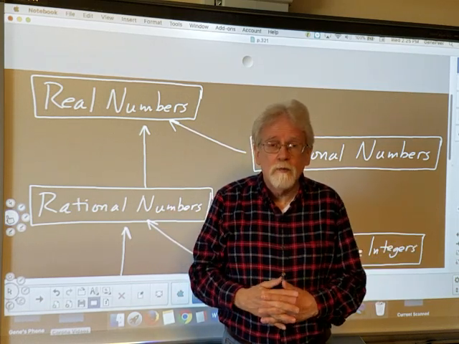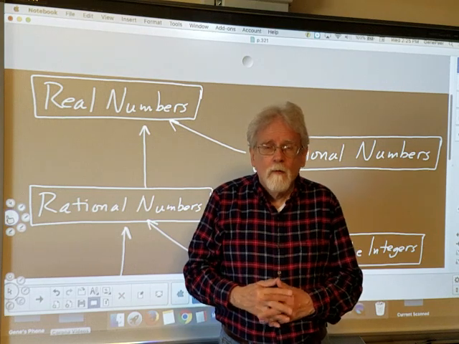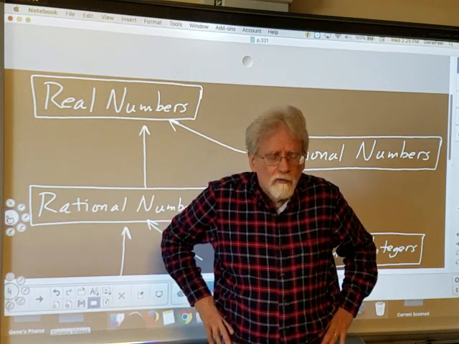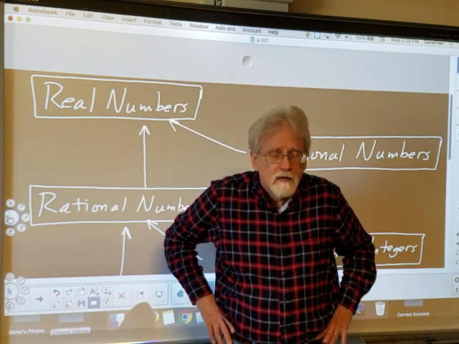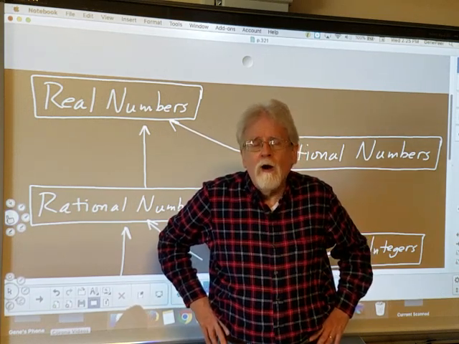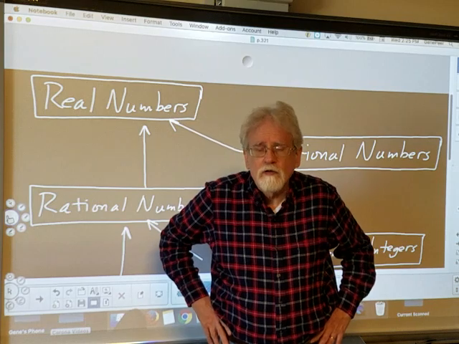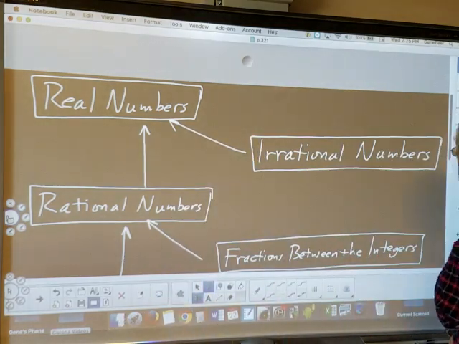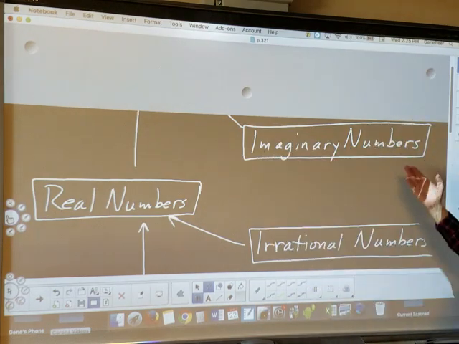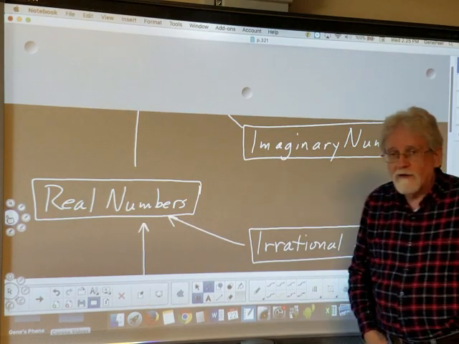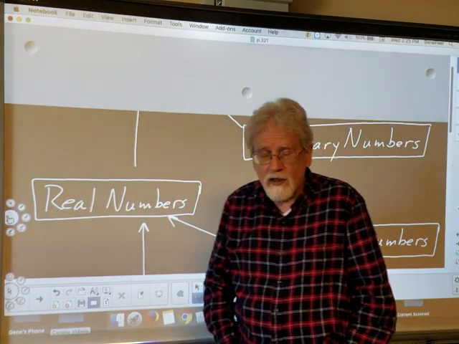That's why we call them real. Well, I always wondered why we call them real numbers. I mean, aren't all numbers real? Then why do you call them real? That's silly. We call them real because there are numbers that are not real. The numbers that are not real are called, yes, imaginary numbers, such as square root of -1, which we refer to as i.